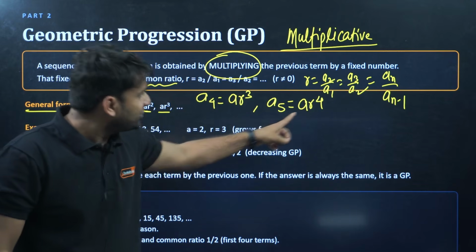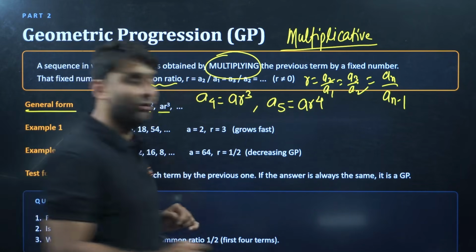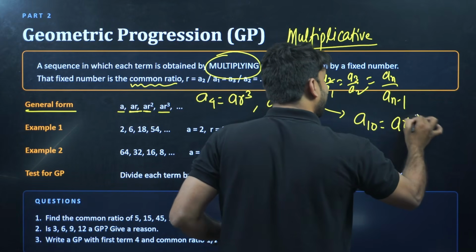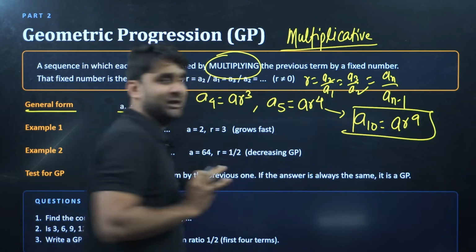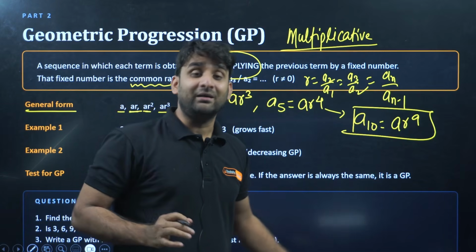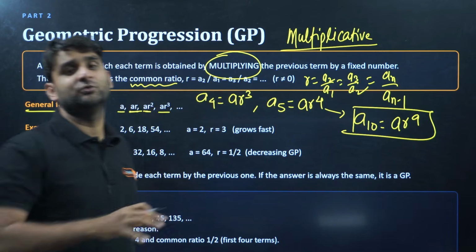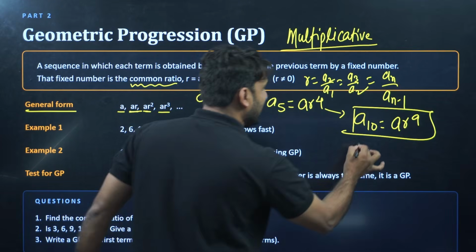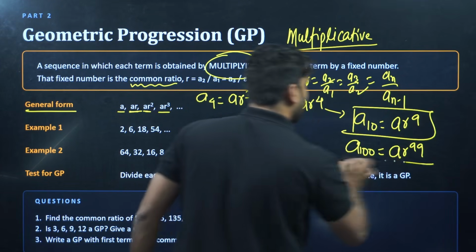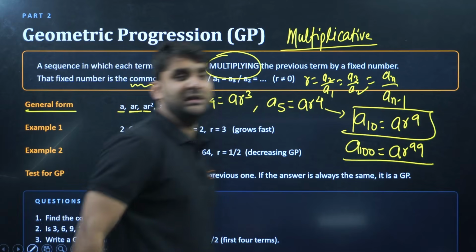If you are looking for the 10th term of a GP, the formula will be ar to the power 9. I hope you are getting my point. If you are finding the 100th term of a GP, the formula will be ar to the power 99.